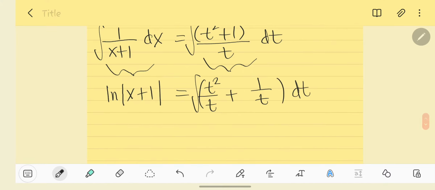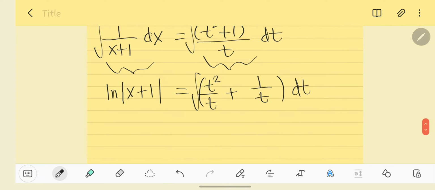So now we have simplified the equation: this becomes the integral of t plus 1 over t dt.